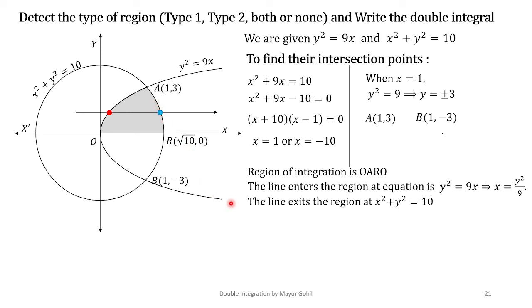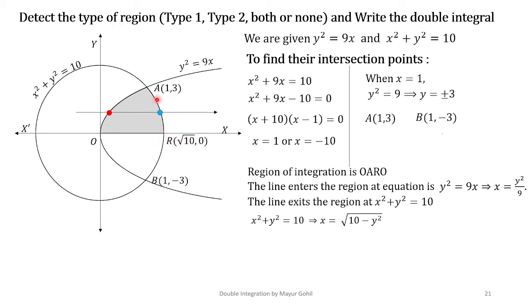So when I want to write in terms of x alone, I have an option. x square plus y square equals 10 can be written as x equals square root of 10 minus y square. I have taken the positive square root instead of the negative, because x is always positive on the right-hand side of the y-axis.